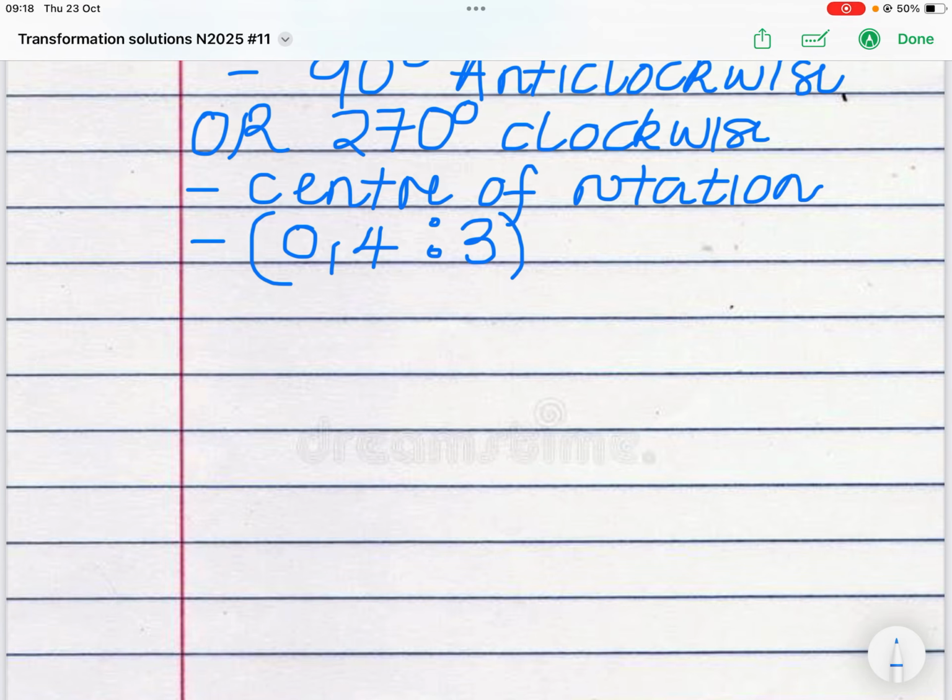It is just a matter of connecting the corresponding points, and then after that we draw perpendicular bisector of the corresponding points. So there's a point where the perpendicular bisectors intersect together. That is going to be our center of rotation. So this one, as I said, it might not be the actual one, but that is the method used to find the center of rotation.